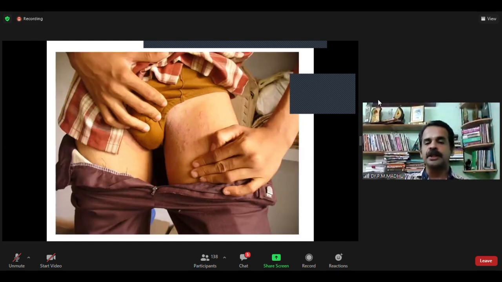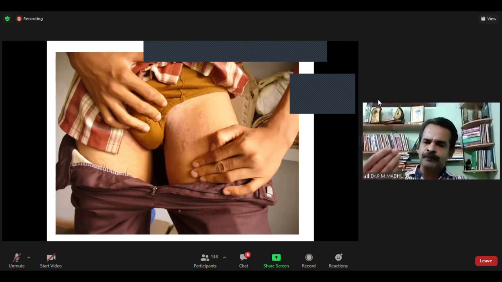You see, Krimi Janma. This is a Bahi Krimi. In Bahi Krimi Prakarana, we can see the role of Mala. Bahi Malaja Krimi. The mala accumulates over the skin because the sweat coming out of the skin is not completely purified.